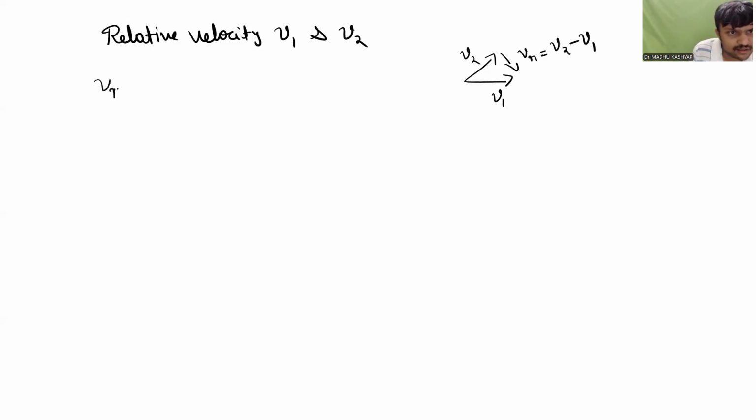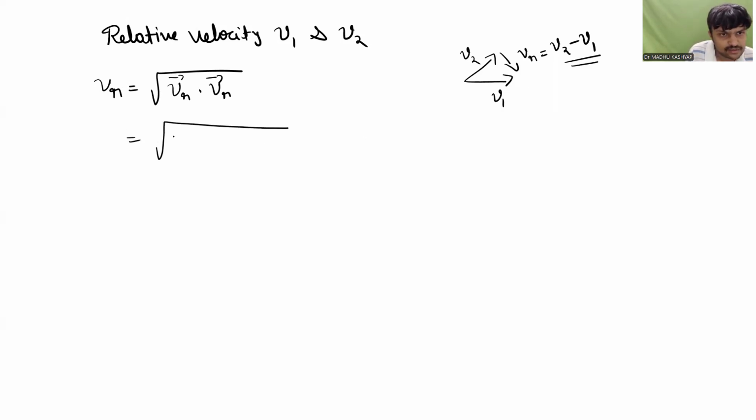So vr can be written as the square root of vr squared, that is vr dot vr. If I square and take the square root, it's just vr itself. Now we write vr as v2 minus v1, so v2 minus v1 dotted with v2 minus v1.